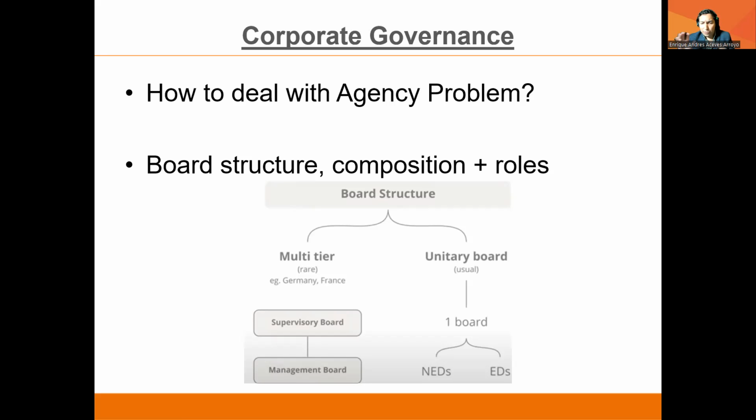So here we have two structures. The first one is a little bit rare. There are a lot of corporate governance models, guys. I'm not entering into them all. We have the German ones, the French ones, the Japanese ones. The common one is the Anglo-American.